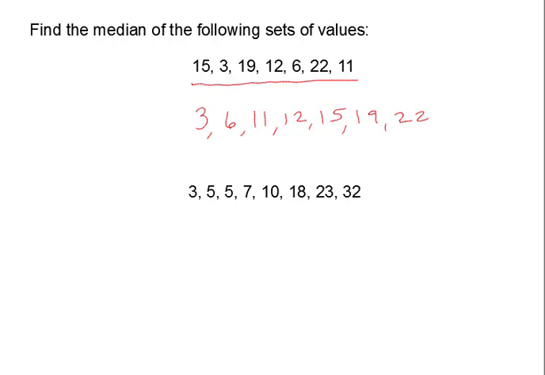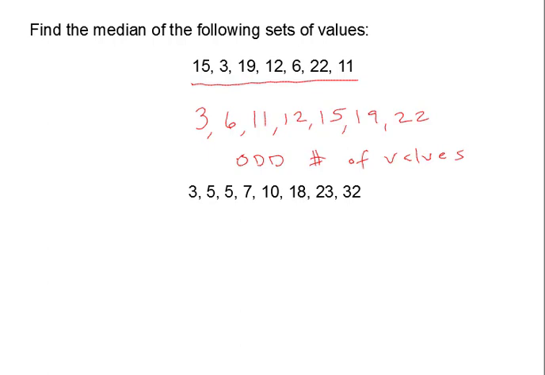Now, the first thing I want to show you about this set is that there is an odd number of values. There are seven data points. When there is an odd number of values, the median is actually one of the values.